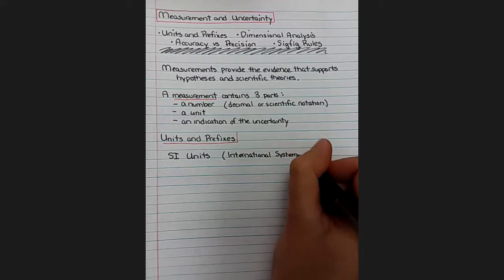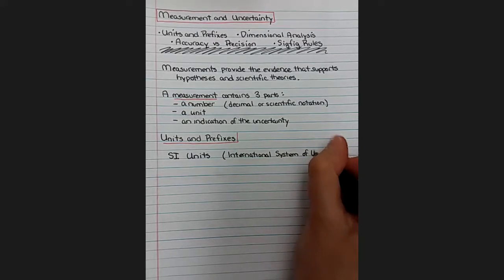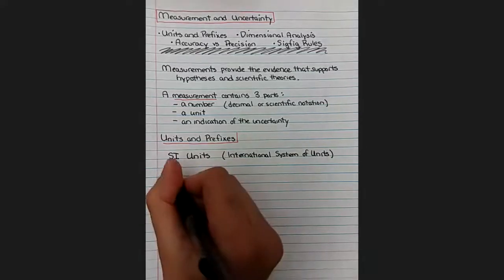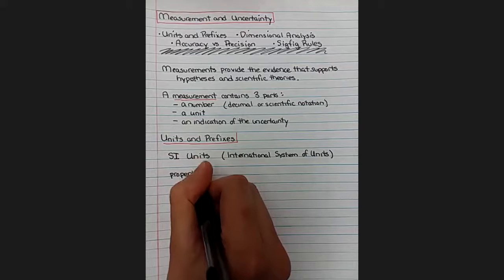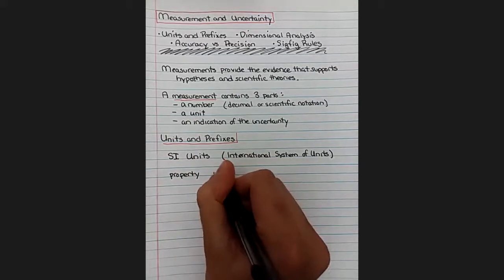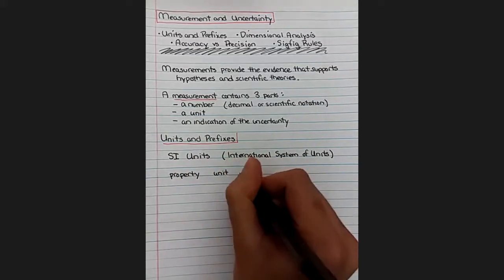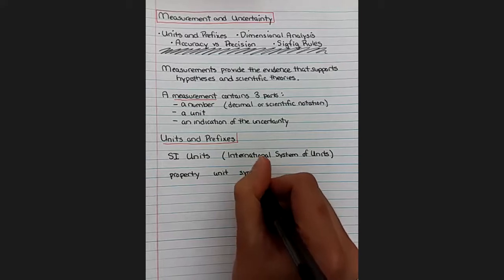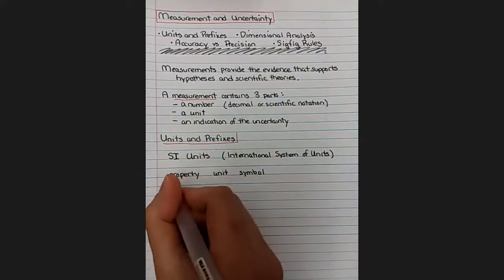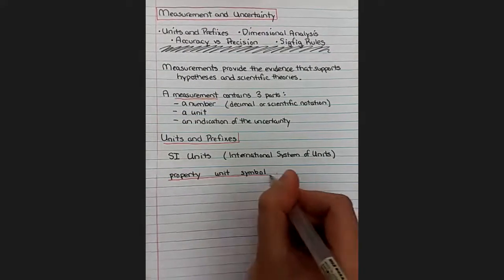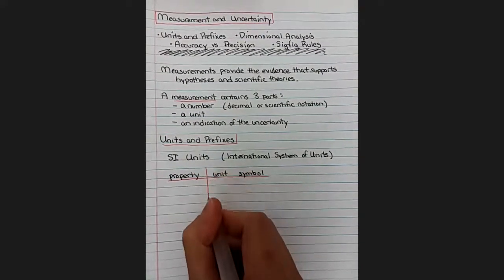So all the countries on the planet Earth have agreed that they will use these standard units when reporting numbers, so that there is some sort of agreement. So there are 7 different standard units for 7 different properties, and there's a symbol that we use for each of them. So we'll make a little table here to indicate them.